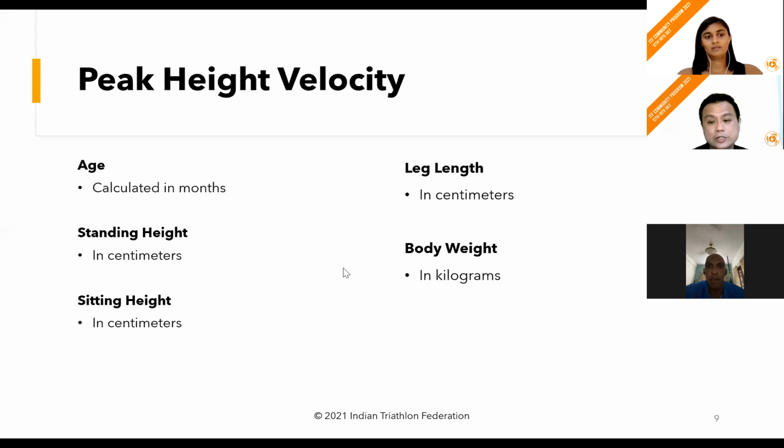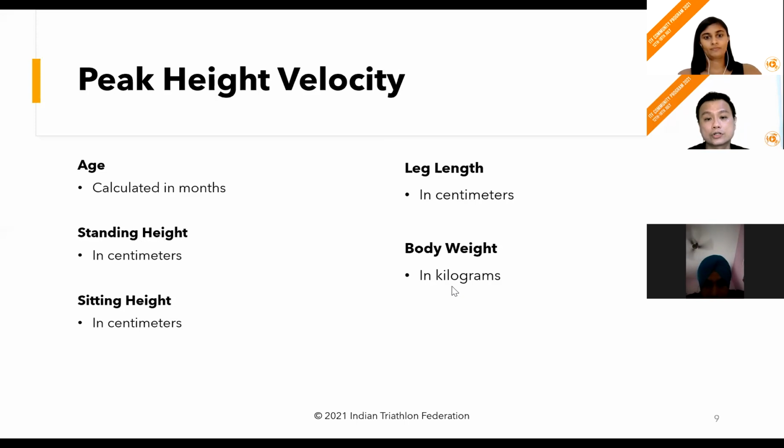So it's standing height in cm, sitting height in centimeters as well. You take the leg length by taking the standing height minus the sitting height. With that difference, you will know what the leg length is.